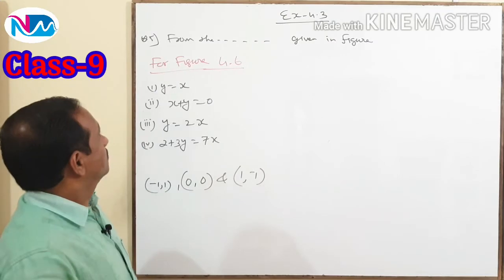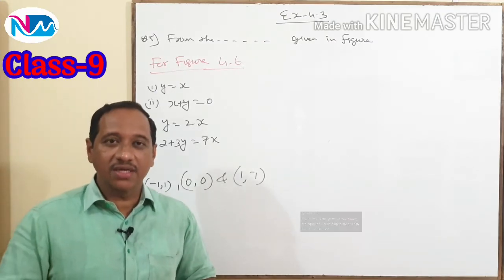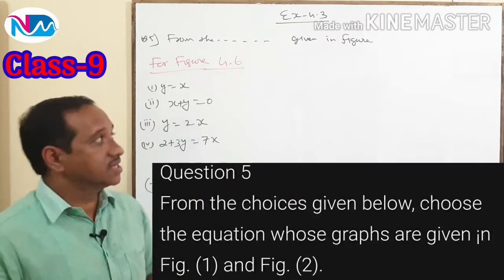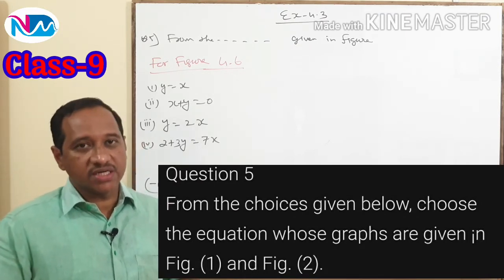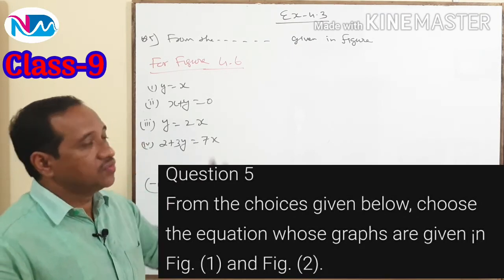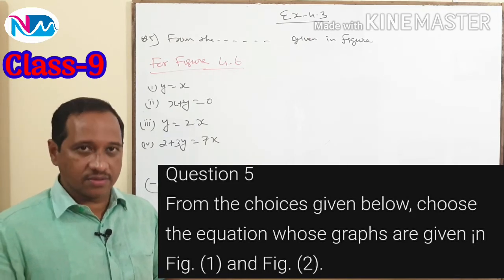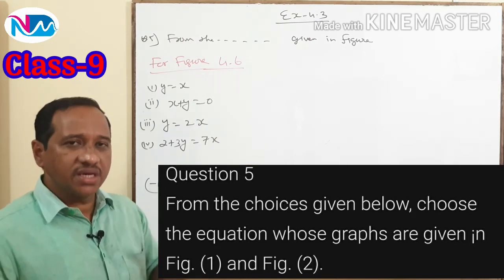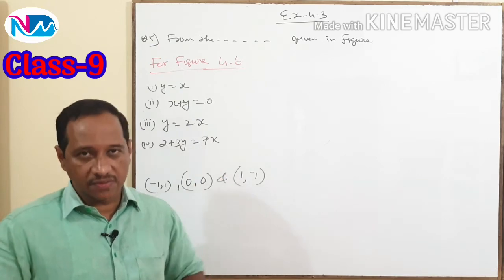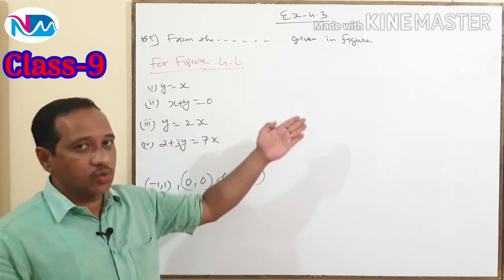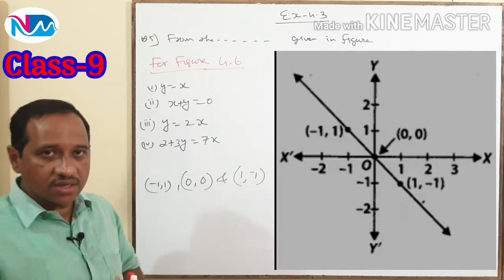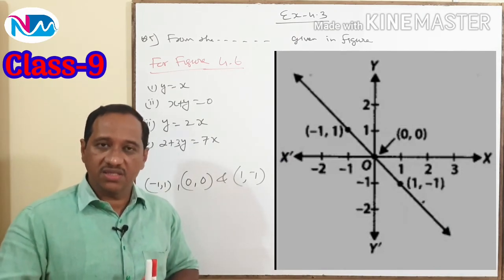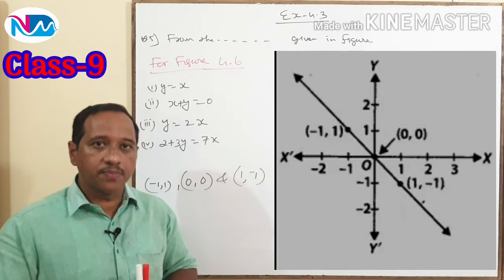The question number 5 is based on the graphs given. The question is, from the choices given, choose the equation of the graphs which are given in the figure. That means we are given 2 graphs. The first graph you can see, in this graph you are given a straight line passing through 3 different points.